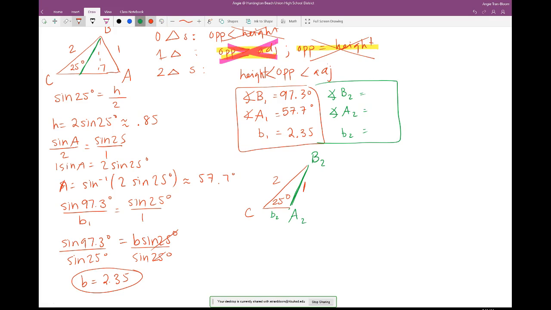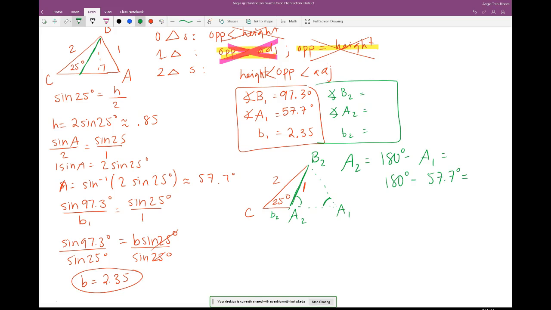Angle A subscript 2. Why is angle A subscript 2 the easiest? Yeah, because remember, you're missing this part. Okay, that's the part you're missing. So this angle and that angle are the same, right? And this angle over here, wasn't it A1? So A2 is 180 minus A subscript 1, which is 180 minus 57.7.